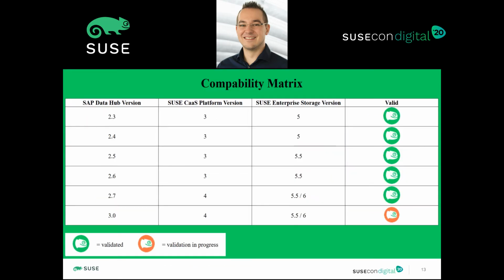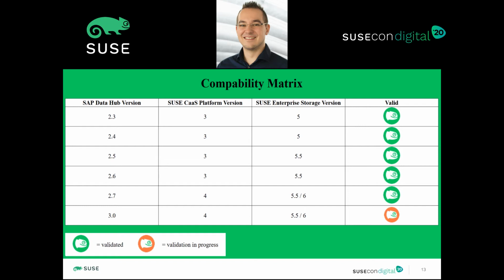Here we have a compatibility matrix, which shows which SAP Data Hub version is compatible with the SUSE CaaS Platform version and the Enterprise Storage version. On the right-hand side, you can see a green gecko if it's already validated, and an orange gecko if the validation is still in progress. And as you can see, versions 2.3 until 2.7 of SAP Data Hub are already validated.